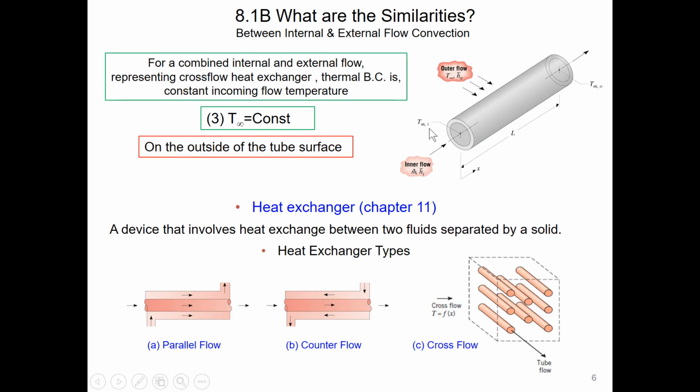For a combined internal flow and external flow, which represents the cross-flow heat exchanger, the thermal boundary condition is constant incoming flow temperature T infinity.